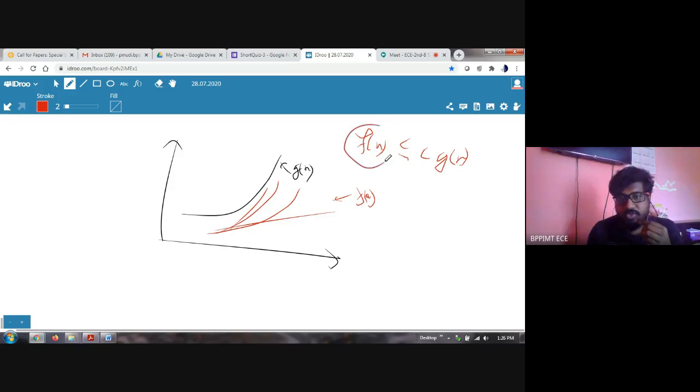The functional values of f(n) should always be less than or equal to the functional values of c g(n). It may touch, when f(n) is equal to c g(n), exactly coinciding with g(n). c is just a multiplying constant factor, it's not a problem. But less than means the function f(n) is lying below the curve of g(n). It can't go above g(n) in any portion.